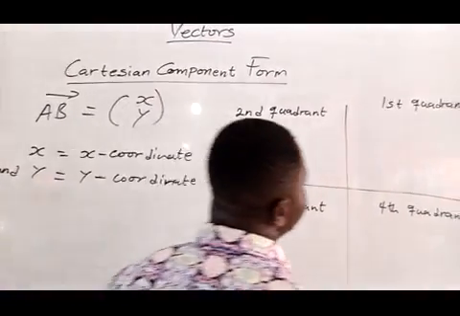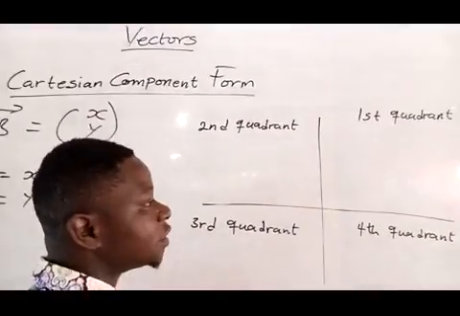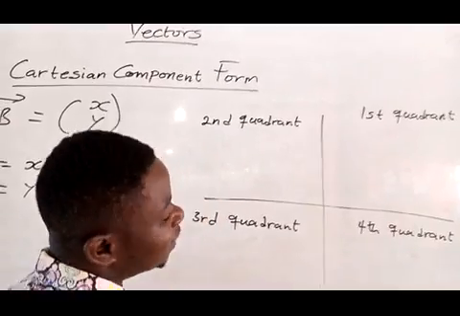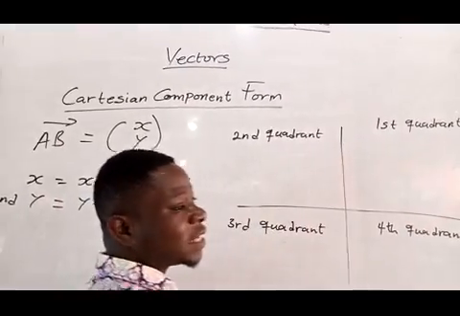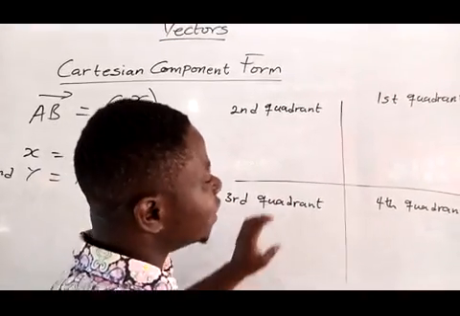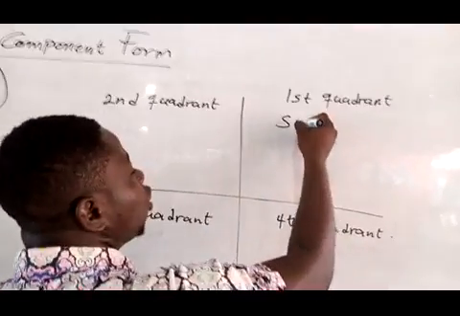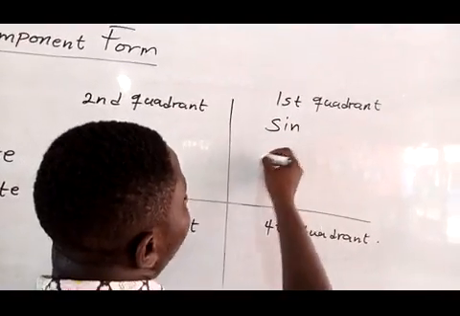Now let's look at the first quadrant. The reason why I'm putting this is for you to note the fact that each quadrant has its special abilities. In the first quadrant, all the trig ratios are positive.